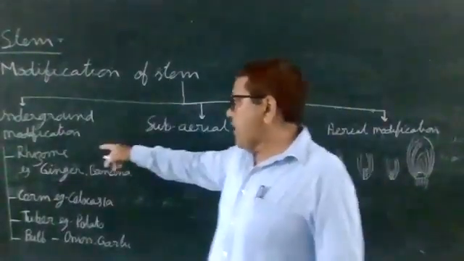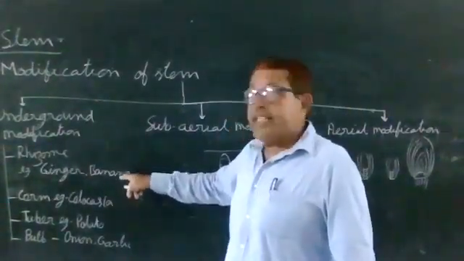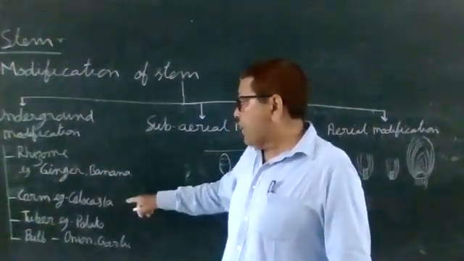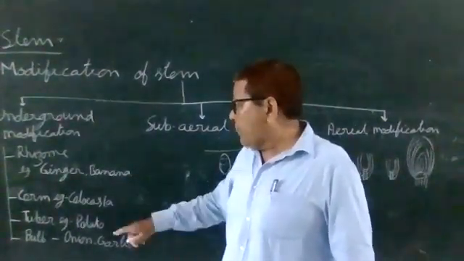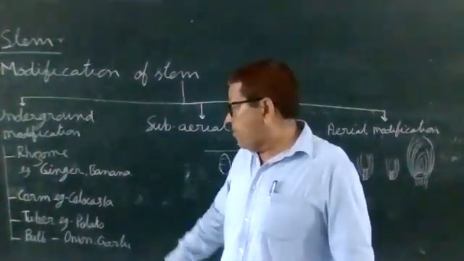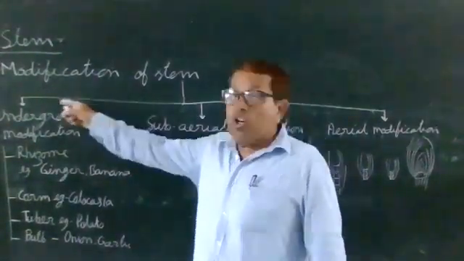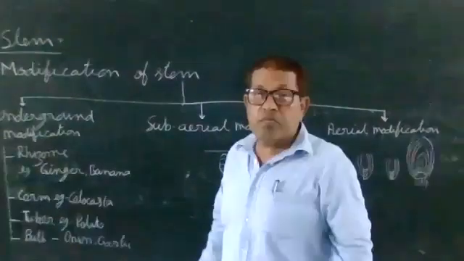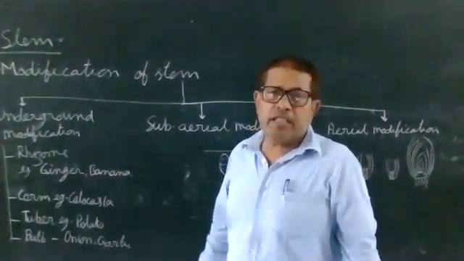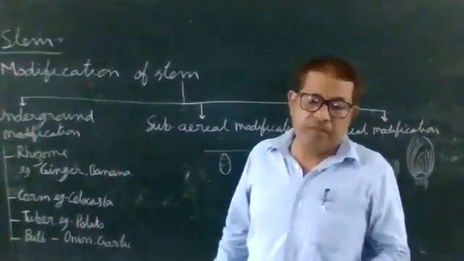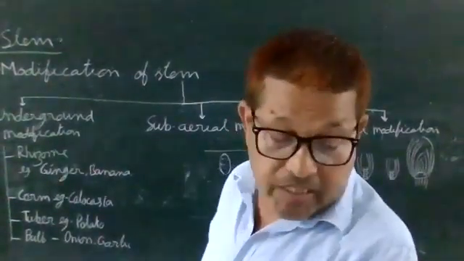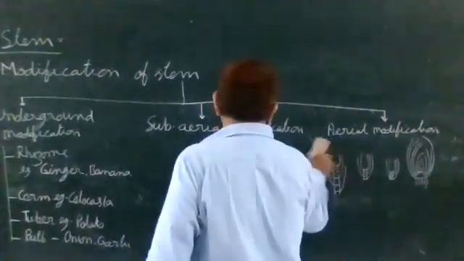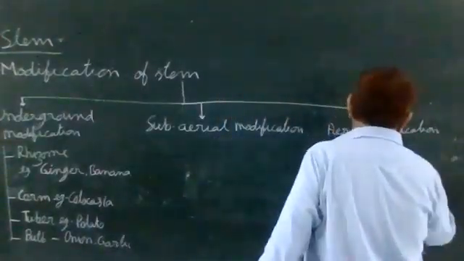I told you first rhizome, as ginger, banana, and next one the corm, that is Colocasia, tuber as the potato tuber, and next is bulb as the onion bulb. This is underground stem modification, in which they store the material. They also work for the propagation of the plant. So next modification we have to study, that is the subaerial modification.